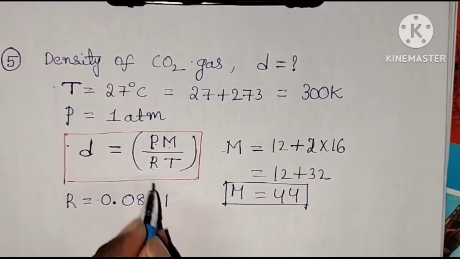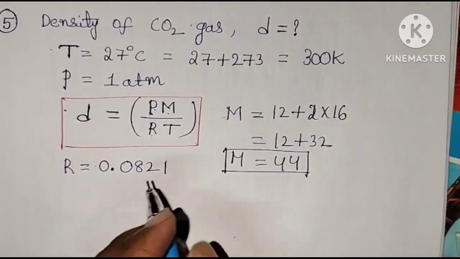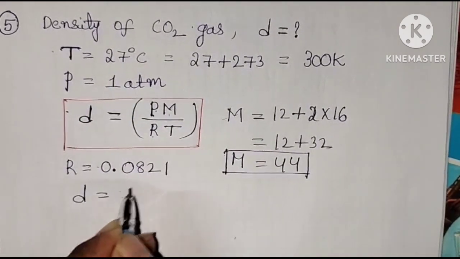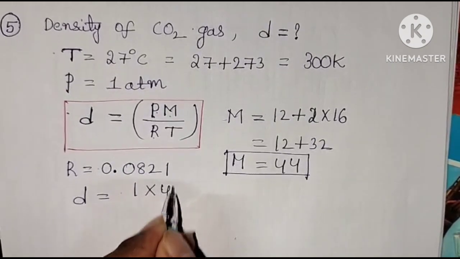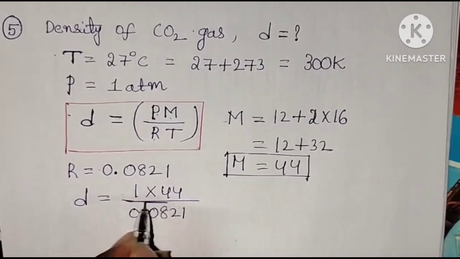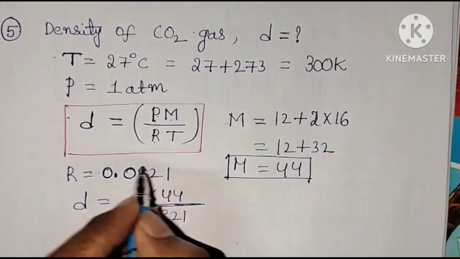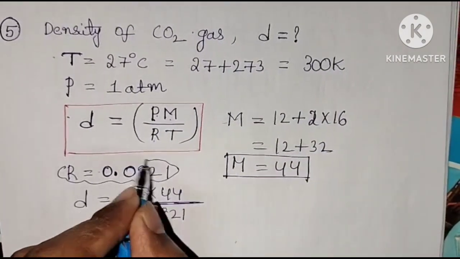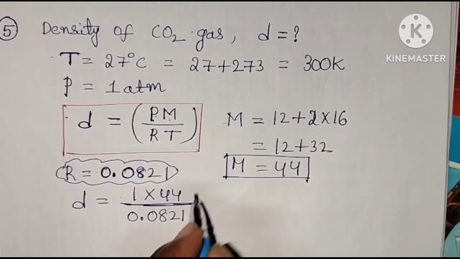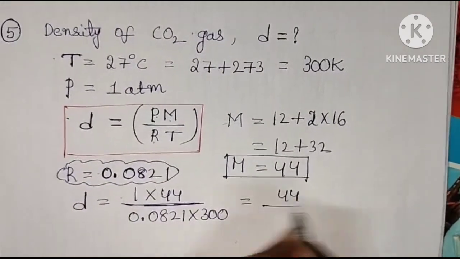Now substitute all these values, and T is equal to 300 Kelvin. Now D is equal to P 1 into M 44 by R 0.0821, in terms of atmospheric pressure and liters, into temperature 300. So 1 into 44, 44.